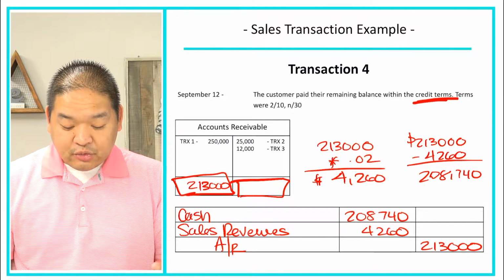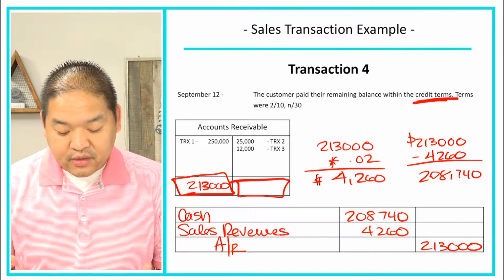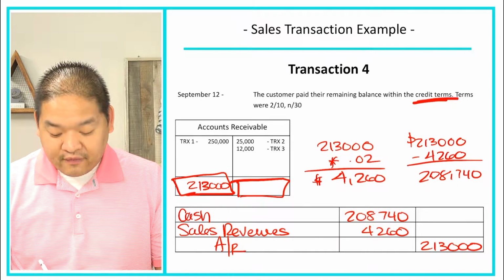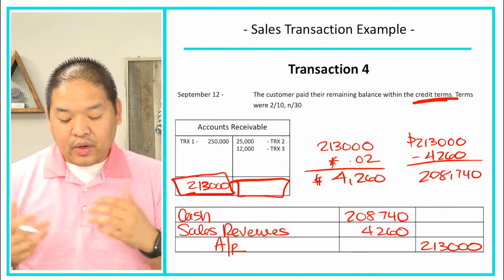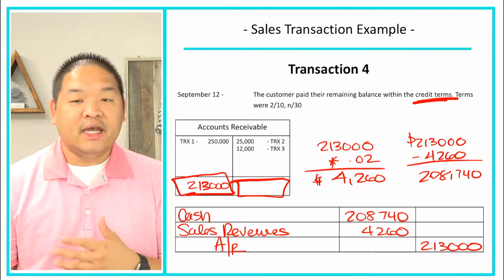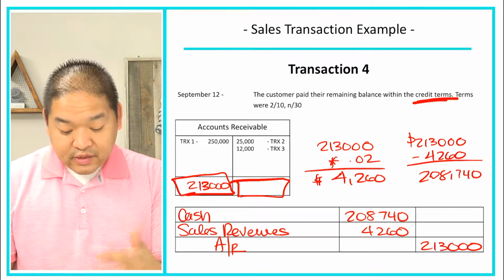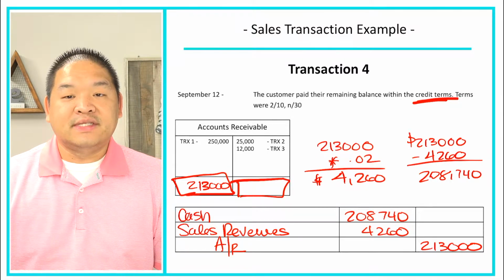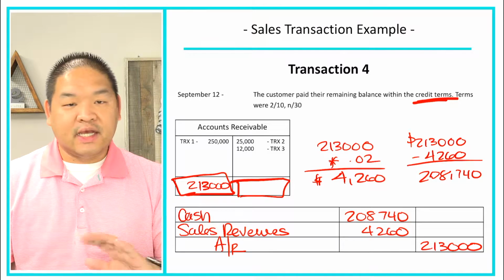So when the customer pays, they're going to give us a check for $208,740. We're going to basically waive off $4,260 as a discount for them paying early, and then we will extinguish the receivables in full amount. If we didn't do it in the full amount, the customer would still owe us $4,260, and based on how we set the sales terms, they shouldn't owe us anything after all.